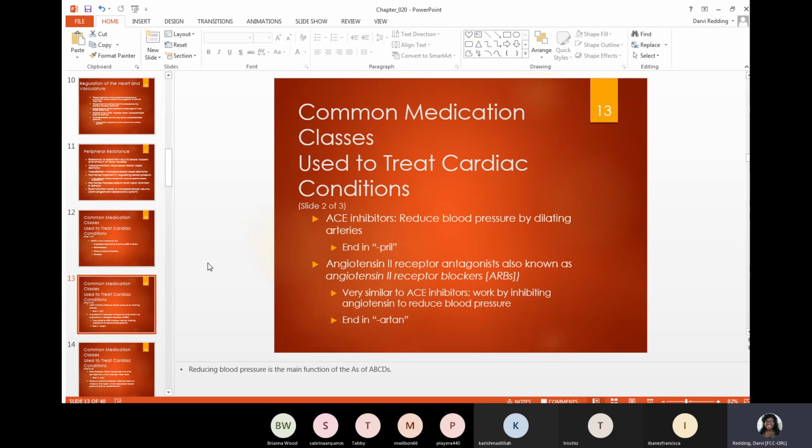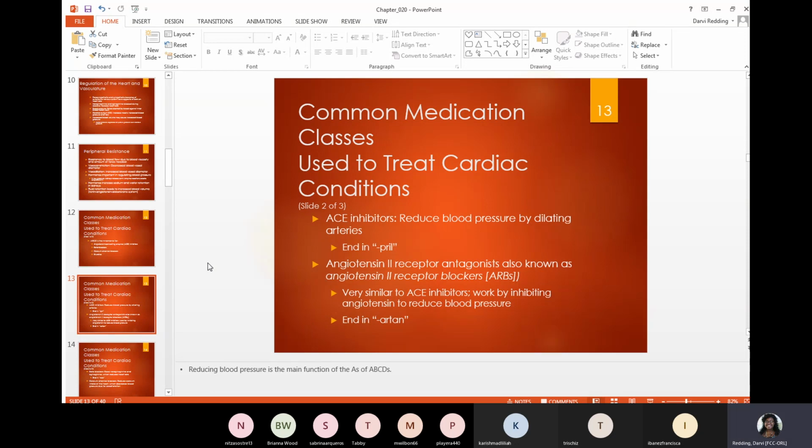Now, angiotensin receptor blockers end in artan. An example of a drug that's an angiotensin receptor blocker would be valsartan, telmisartan, olmesartan. These are generic drugs that I'm naming, just giving you some examples.